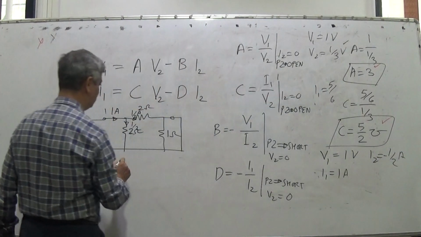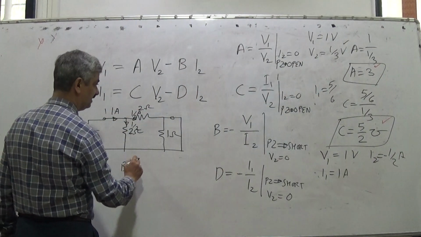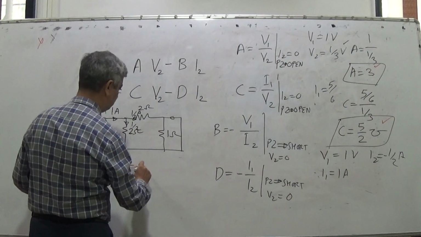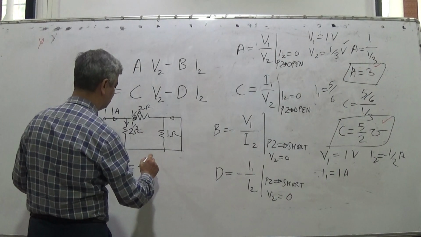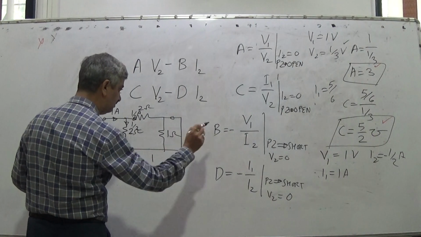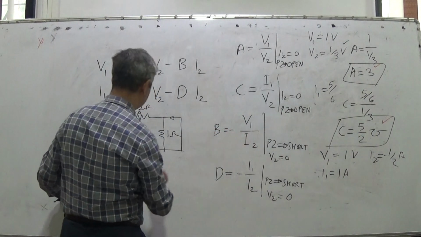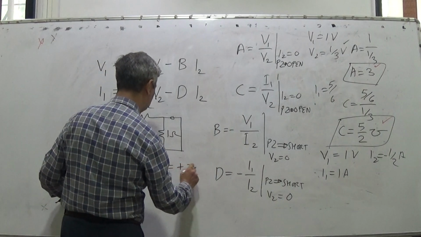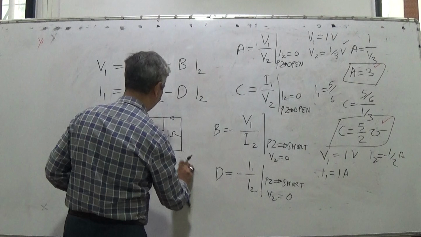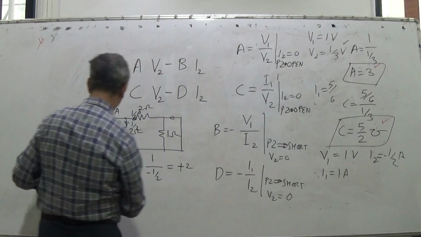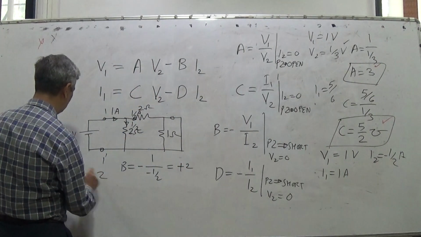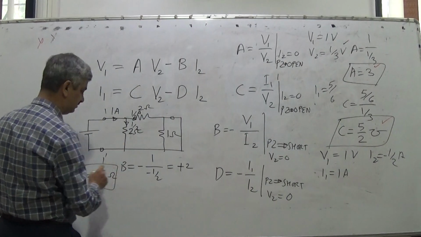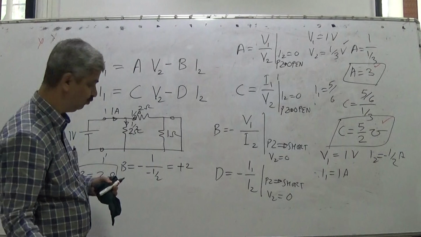B is minus V1 upon I2, that is 1 upon minus half. So B is equal to 2. Now what is the unit of B? Ohms. B equal to 2 ohms.